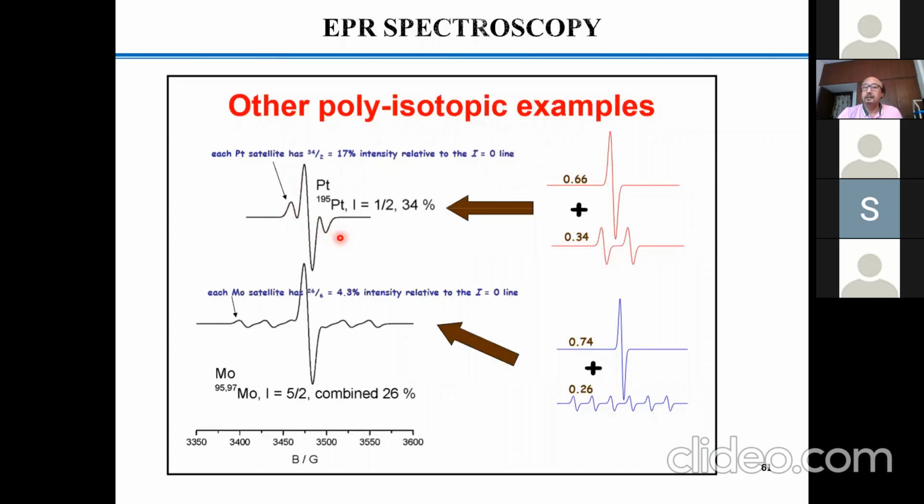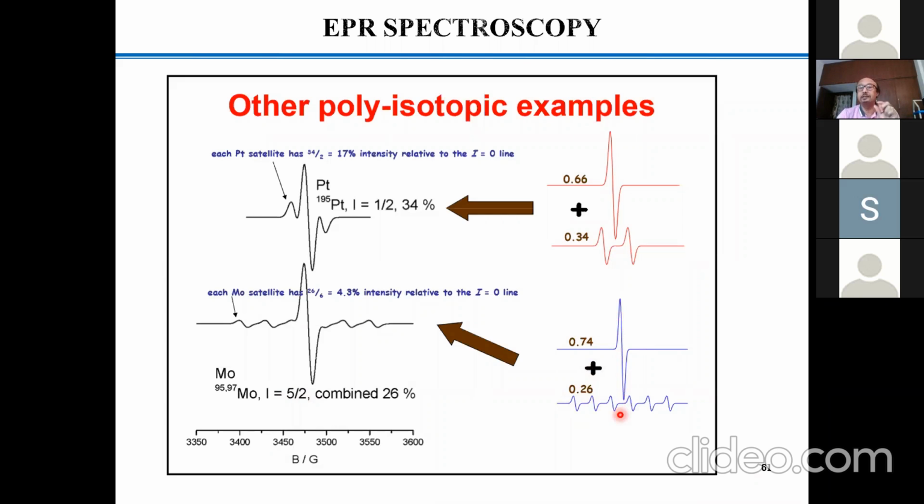Under that context, if you take a little bit more complex situation, the molybdenum situation, you see that 26% has I equal to 5 by 2 and 75% has nothing, and 5 by 2 means 6 lines. So basically 1 by 3 and 1 into 1 by 6, that means 18th.